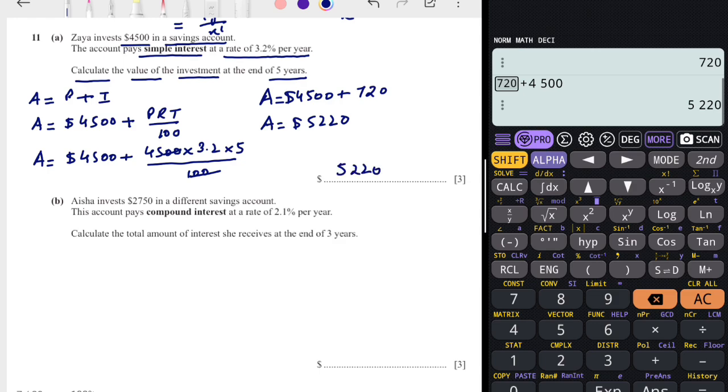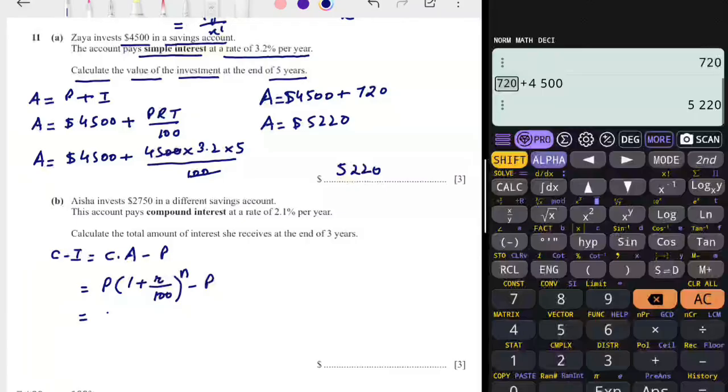B part. So B part is related with compound interest, and we know that the compound interest is equal to compound amount minus principal, and compound amount is equal to principal into 1 plus r over 100 raised to the power n, minus P. We will substitute values.